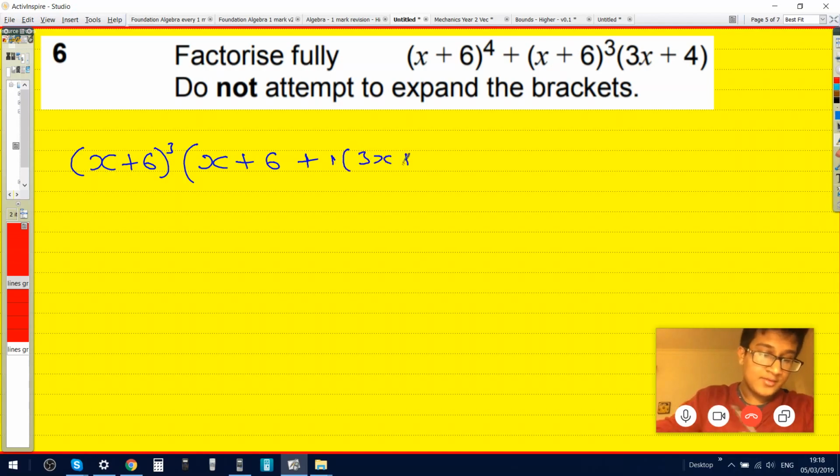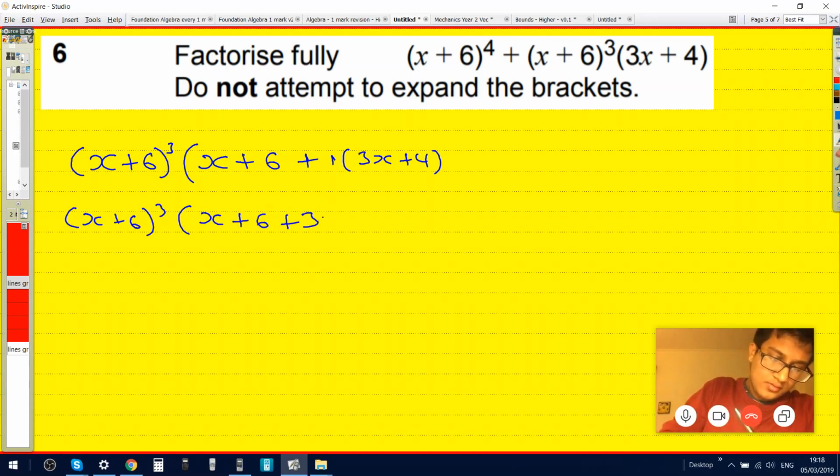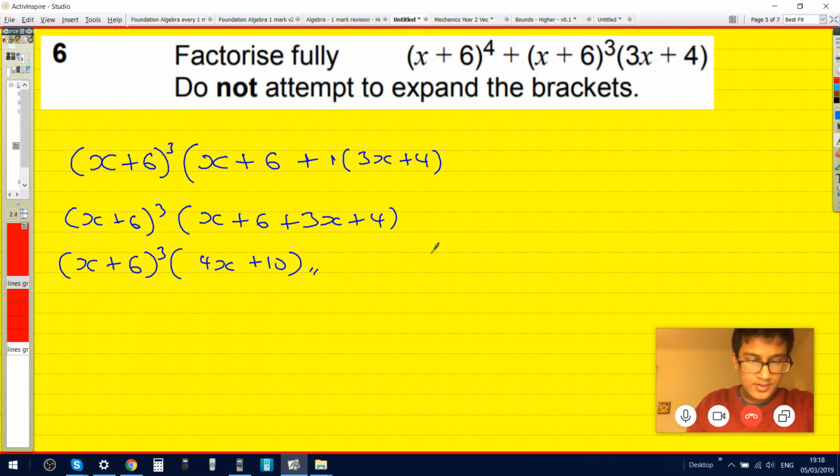And then that means that you have x plus 6 cubed, and then x plus 6, and then 3x plus 4. And simplify. So you've got x plus 6 cubed, and then you've got 4x plus 10. And that's what we got.